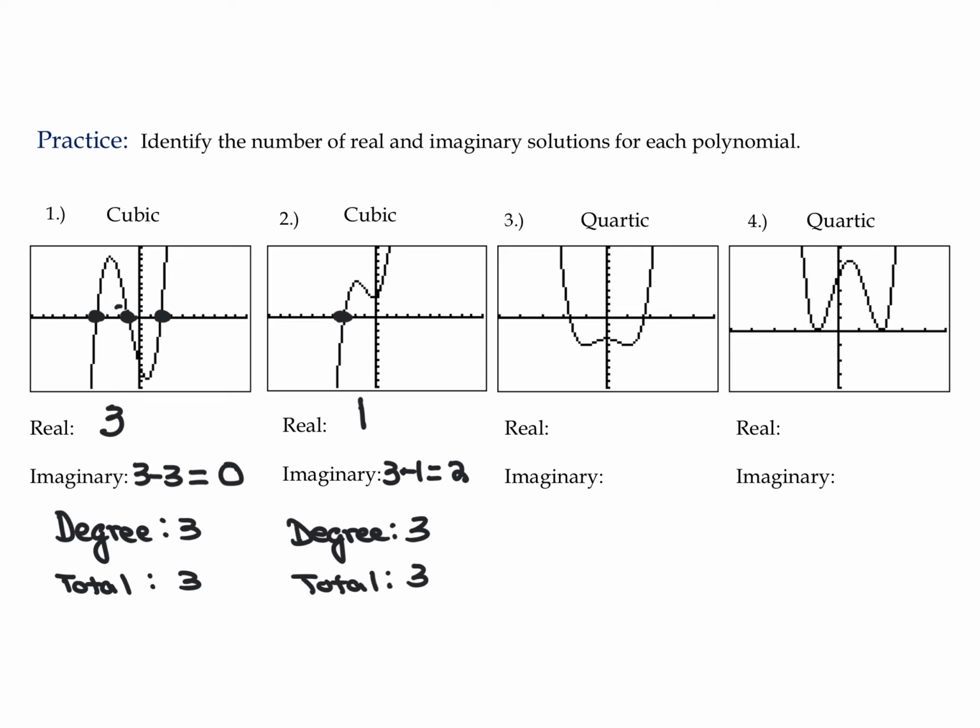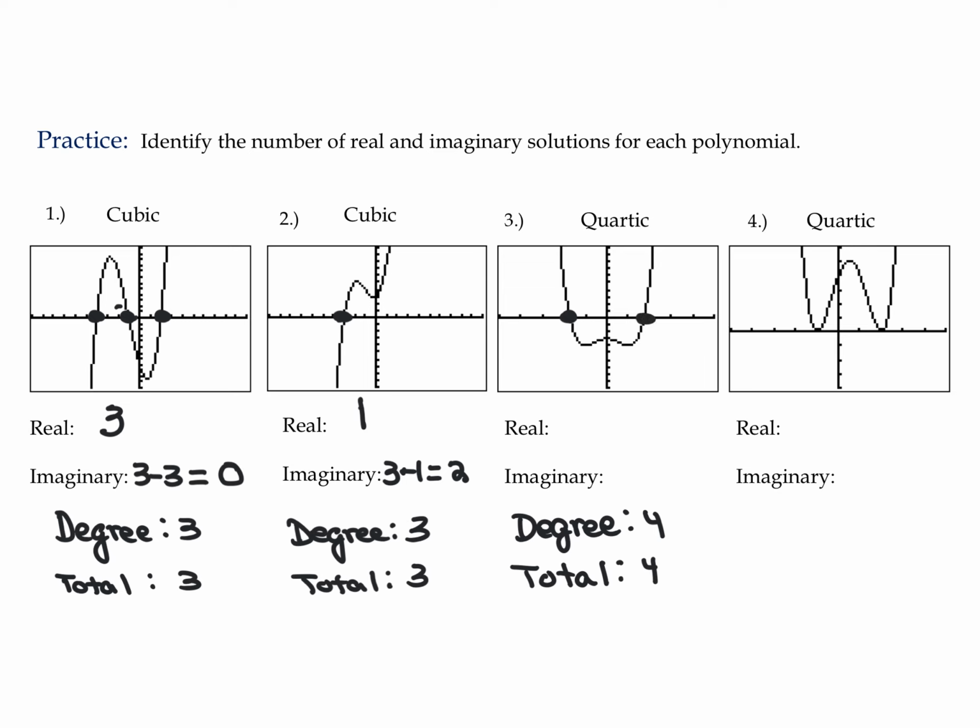Number 3 is a quartic. A quartic means that you have a degree of 4, and that tells me that the total is 4. I find the x-intercepts, and I have 2.